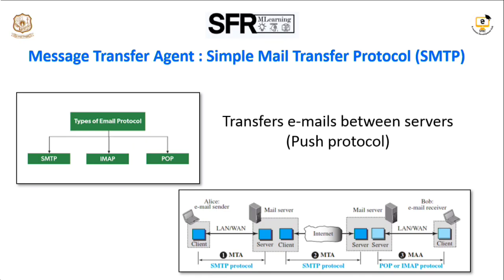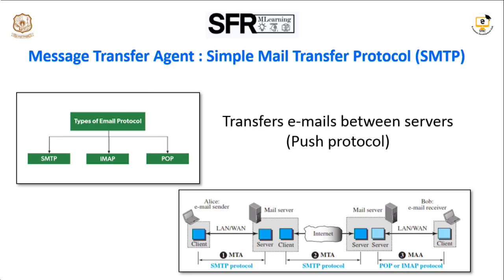Among these, SMTP is called the push protocol, and POP3 or POP is called the pull protocol. Push protocol means we are pushing a message from client to the server, and pull protocol means we are getting the message from the server and placing it to the client.